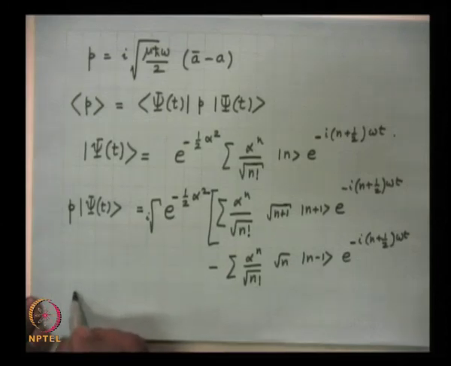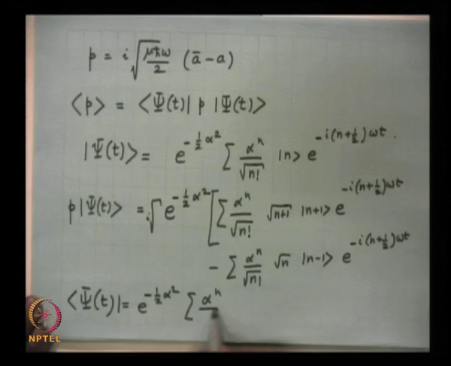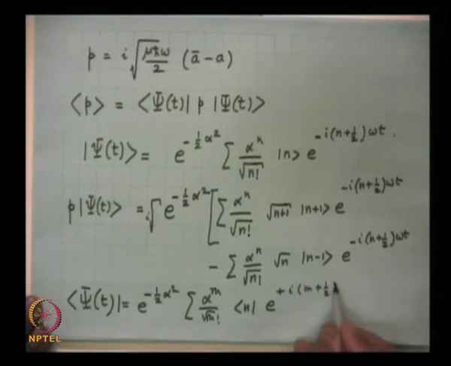Then you have to evaluate bra psi of t, which will be equal to e to the power of minus half alpha square, alpha to the power of n over square root of n factorial, bra n, e to the power of plus I, and then n has to be replaced by m so that it does not get confused, m plus half omega t.